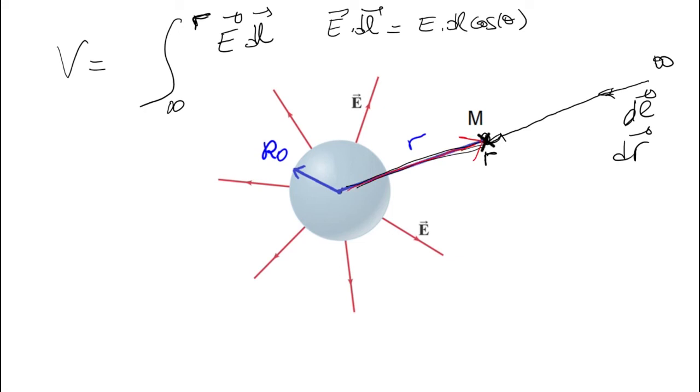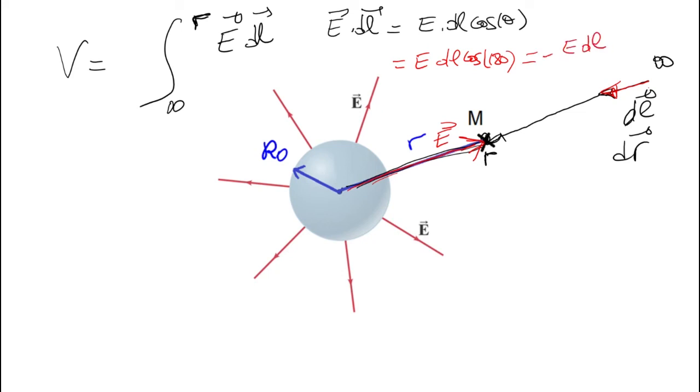That means theta, the angle between dl and the electric field E, in this case will be 180 degrees. So it will be just E dl cosine of 180 degrees, and this will be negative E dl.